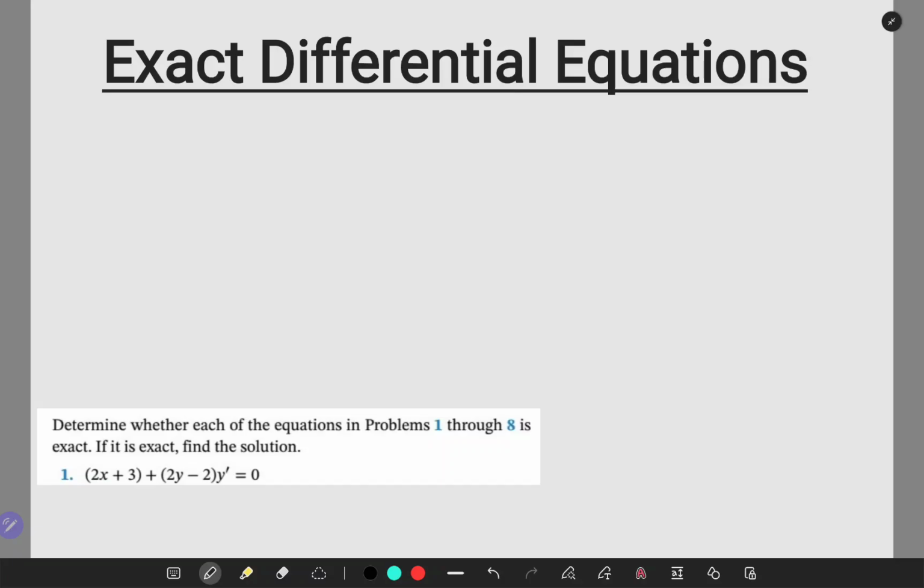So if you remember that from line integrals in Calc 3, it's the same exact process to find your little f, that function.